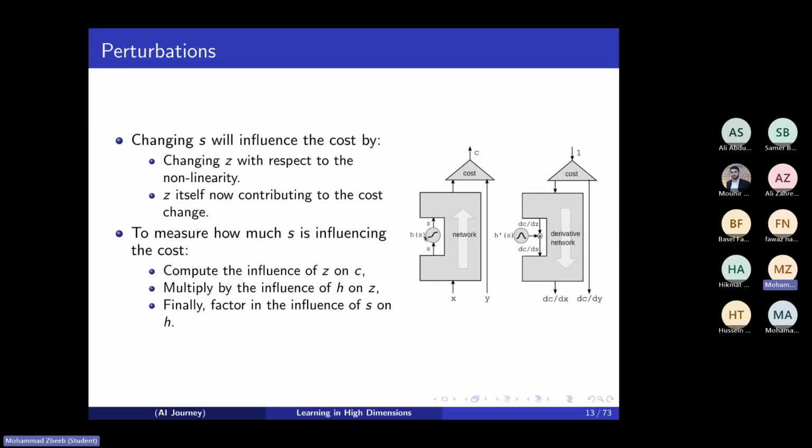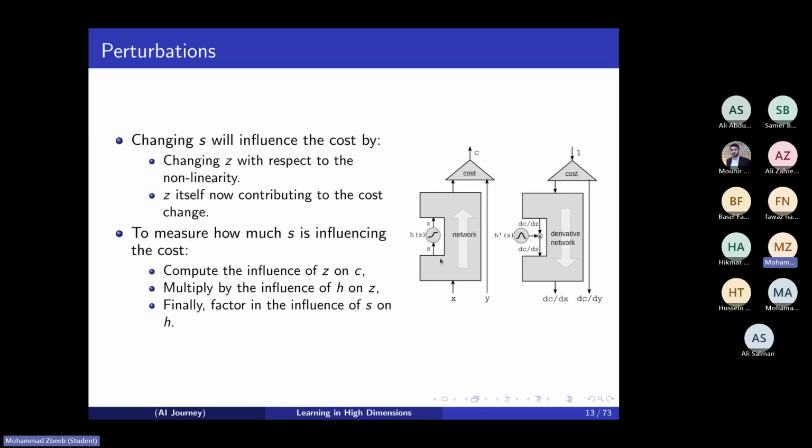So I need H prime of S, and I'm going to multiply those, and then I'm going to have the effect of S on the cost.